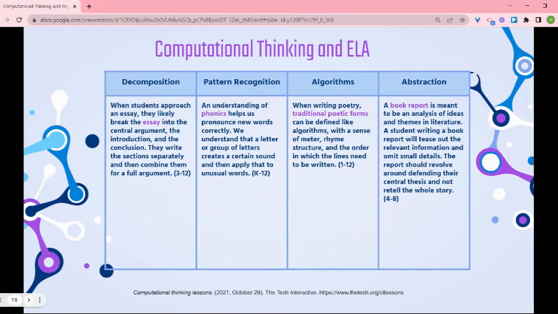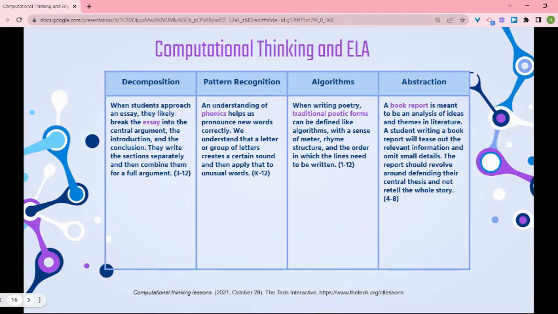That's a formula. That's an algorithm that you have students use in their writing. It could also be in poetry. And if you want to think even more concretely with poetry, let's talk about haiku. That is a very specific algorithm that you follow in order to create a haiku.